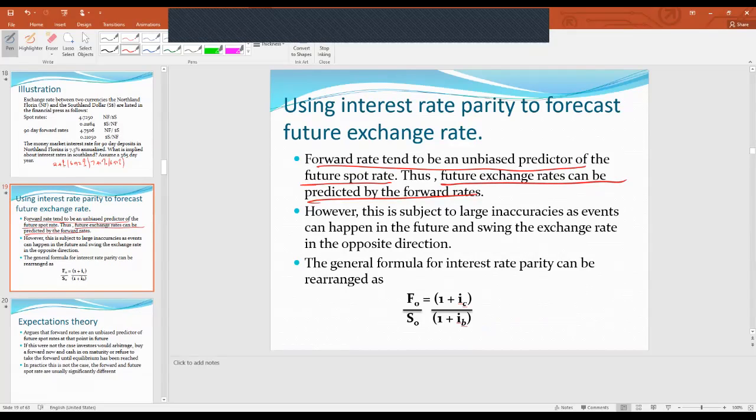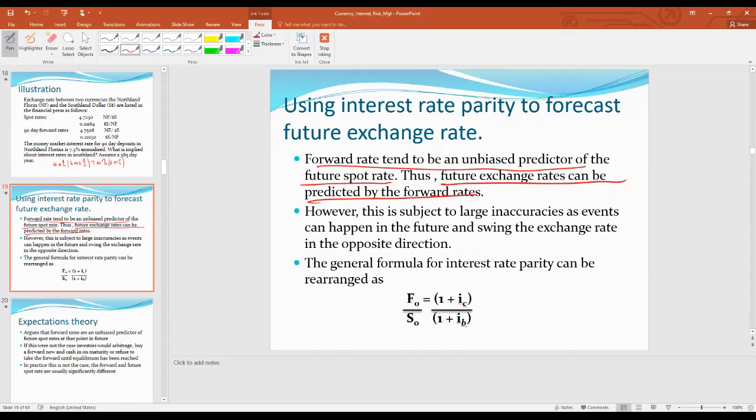The assumption we're making here is that the forward rate obtained from this theory can be used as the predictor of the future spot rate.